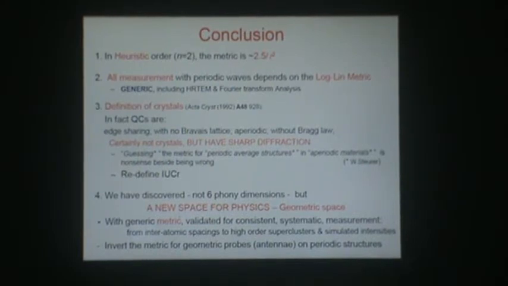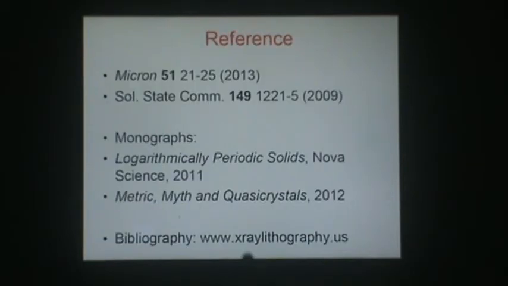You can even invert the metric and use geometric probes to investigate periodic structures, including crystals, with new functionality. Well, at this point, the chairman of the session asked the membership for questions. There was a stunned silence.